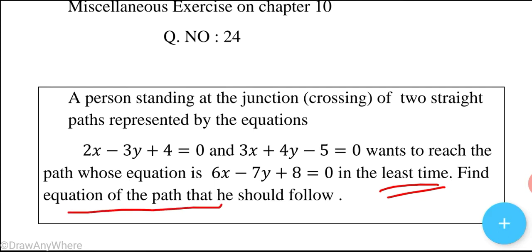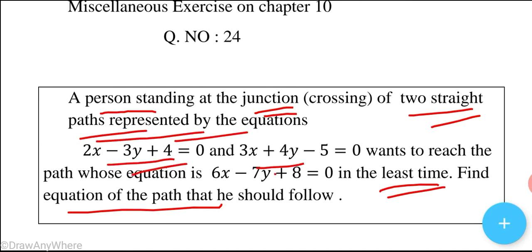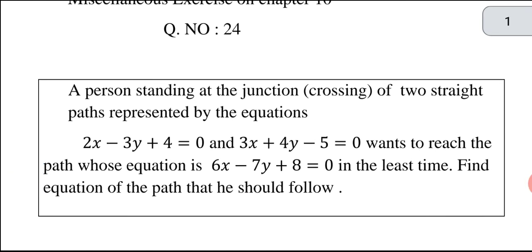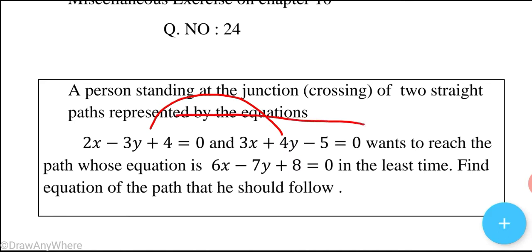So a person is standing at the junction of the two straight paths represented by the equations. The first step is to find the point of intersection of these two lines, because at the point of intersection the person is standing.